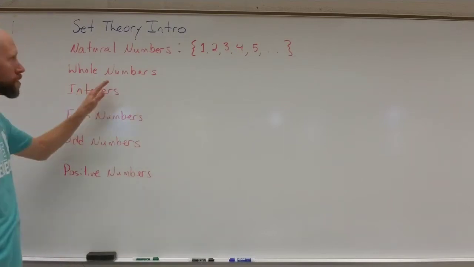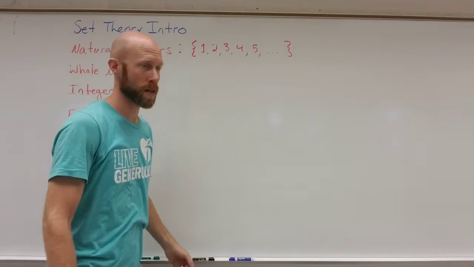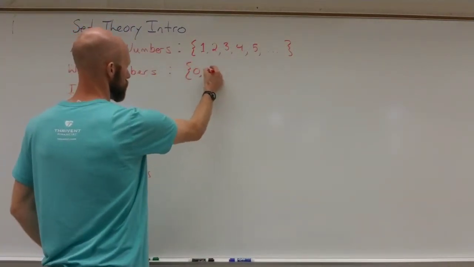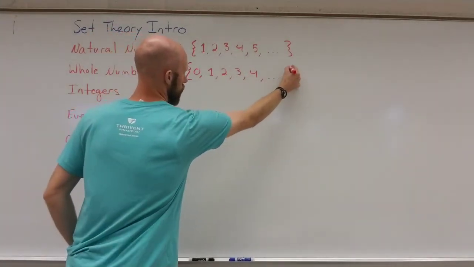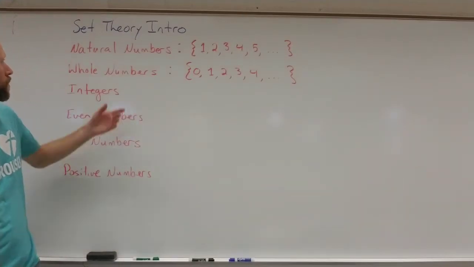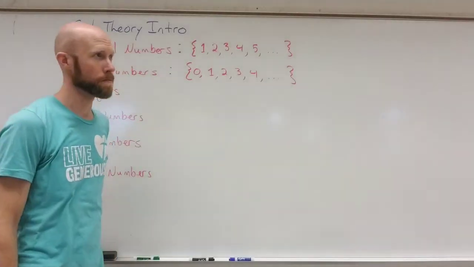The set of whole numbers is essentially the same set, just with the number 0 included. Okay? So the set of whole numbers, 0, 1, 2, 3, 4, and so on. In fact, the whole numbers are really just the natural numbers with one additional number.